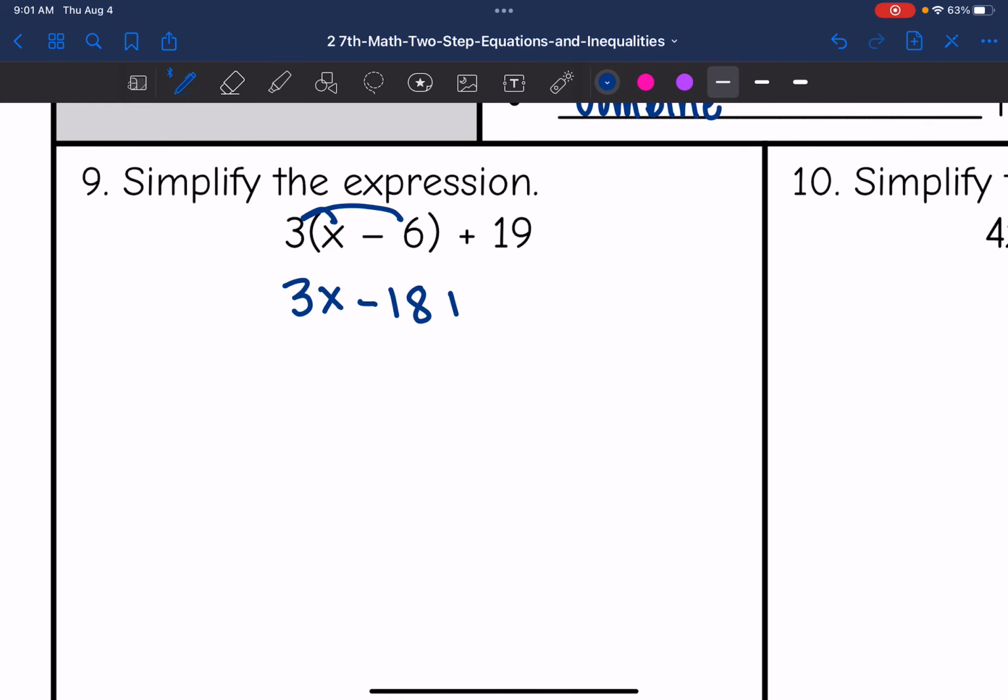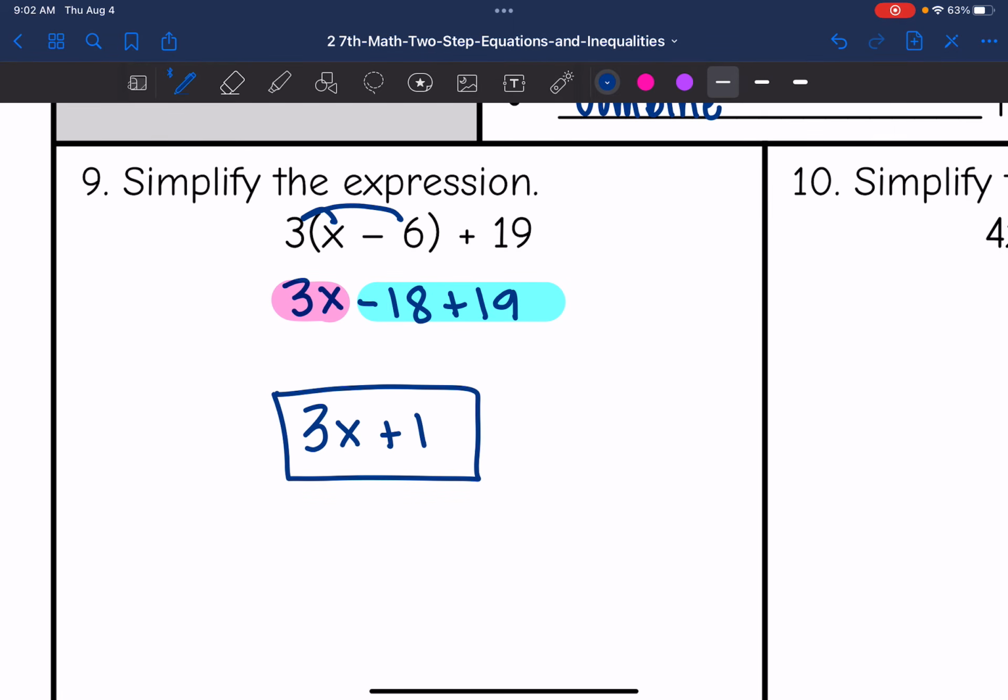So I'm just going to bring it down. So I've distributed, now I'm going to combine like terms. This 3x does not have another x to combine with, so that will stay 3x. And then negative 18 plus 19 is positive 1. So that expression simplifies to 3x plus 1.